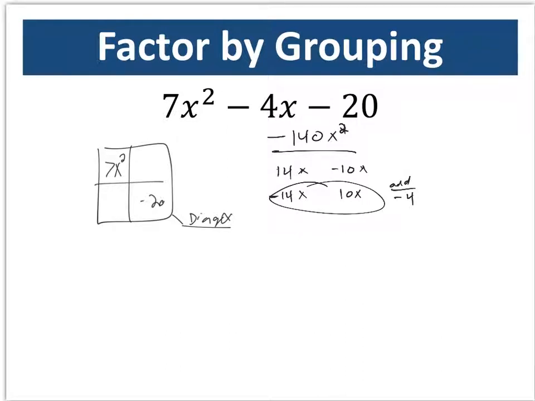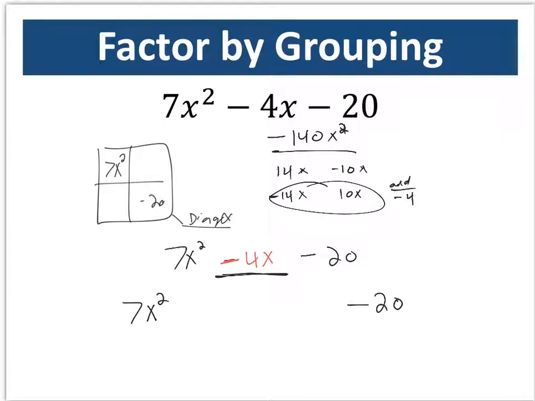So when I think about 7x squared minus 4x, negative 4x minus 20, I'm thinking about how I can rewrite this negative 4x in a way that is going to be helpful for finding groups. So I'm going to rewrite the 7x squared, and I'm going to rewrite the negative 20.